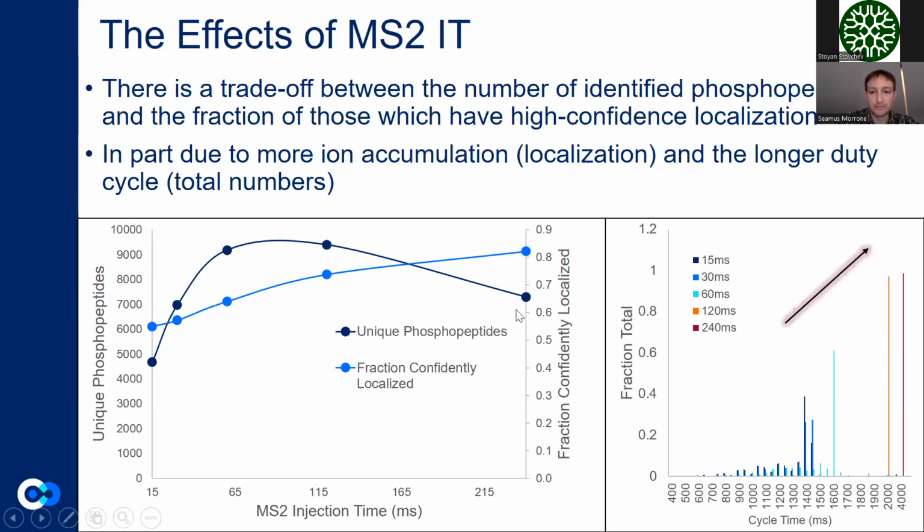This is partly due to more ion accumulation, which allows for higher quality spectra and better localization. So as we go to these long time points, we're getting much better localization. But in conflict with this, we're increasing our duty cycle as we go from a lower to a higher injection time. This is reflected in going from about a 1.4 second cycle time to 3 to 4 times higher at the highest injection time used here.